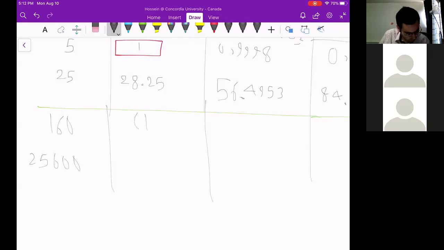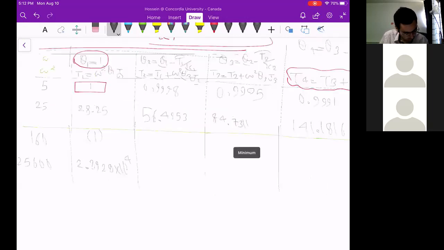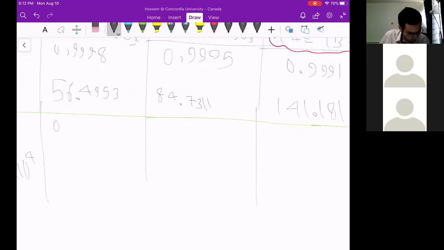Theta 1 always is 1, T1 therefore would be 2.8928 times 10 to the power 4. Therefore, theta 2 can be calculated as 0.8288. T2 would be 1.29 times 10 to the power 4. Theta 3 is 0.1. T3 therefore can be obtained as 6.